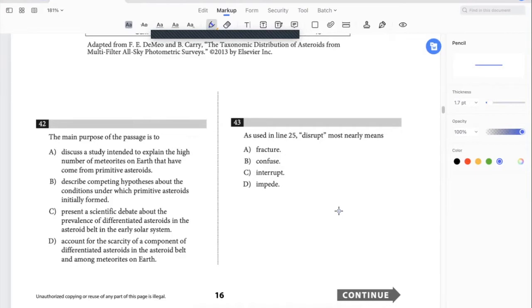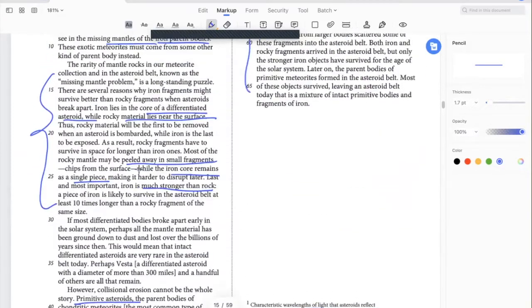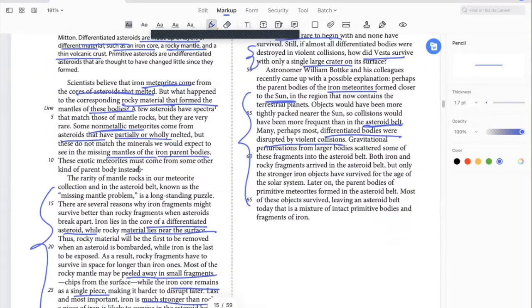Okay. So obviously we can eliminate A and B because A and B are focusing on primitive asteroids, while the focus of the passage is on differentiated asteroids. Now, if you look at C, it says present a scientific debate about the prevalence of differentiated asteroids in the asteroid belt in the early solar system. So is that correct? Are we only talking about the early solar system?